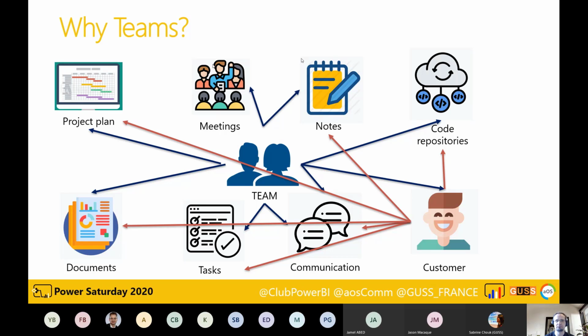And we tend to create a little mess in our project because we also like to use many different applications for the project plan, for meetings, for storing documents, sending emails or messages, creating notes, using mainly external systems or services for task management, for planning, for code repositories, etc.